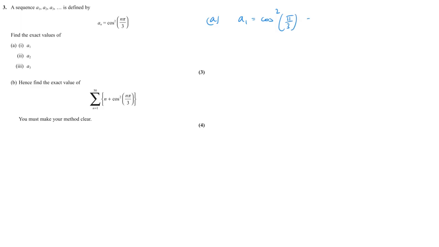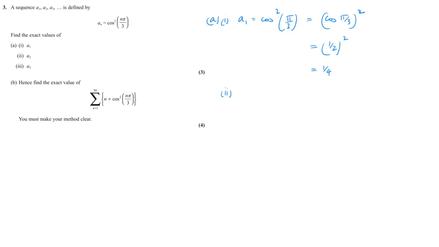Now this just means cos pi by 3, squared. Now pi by 3 is 60 degrees. Cos of 60 degrees is a half. Also cos of pi by 3 is a half, putting your calculator in radian mode there. So this is 1/4.